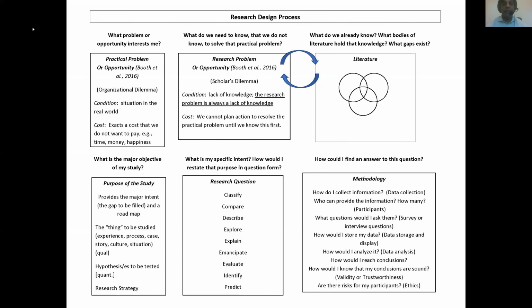And the other piece is, start to think about making that transition from your practical problem to your research problem. To me, that's a wake-up call for students going through a PhD graduate level program, because that's the paradigm shift where we're going on this journey to make you into scholars, or to help at least your understanding of scholarly work and scholarly research.